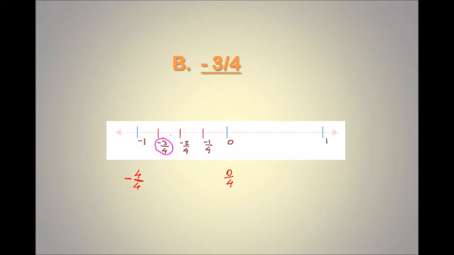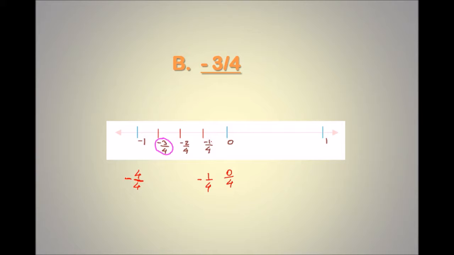And now coming to the 3 submarks. We always start from the 0. So the first submark starting from the 0 is the first submark, and all the numbers lying to the left of 0 are negative numbers. So every number will be having a minus sign in front, and the denominator 4 is common. Since it is the first submark, it is -1 by 4, this is -2 by 4, and this is -3 by 4. All are having 4 as the common denominator.